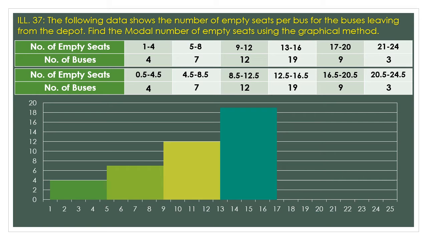Then 16.5 to 20.5 on the x-axis, and on the y-axis the height of 9. And the last one is 20.5 to 24.5 on the x-axis and the height is 3. Okay, so that is the conclusion of drawing our histogram. But can you actually calculate the mode from the data which we have here?